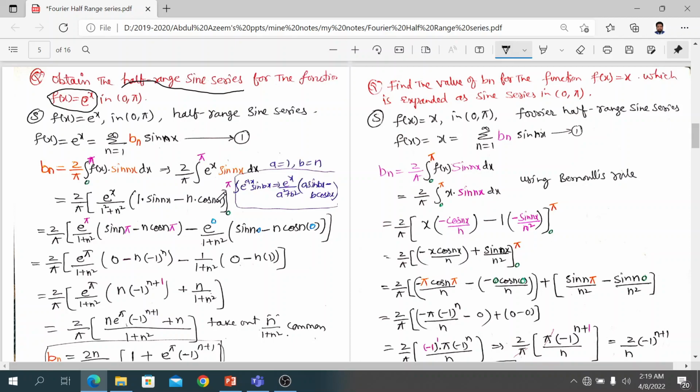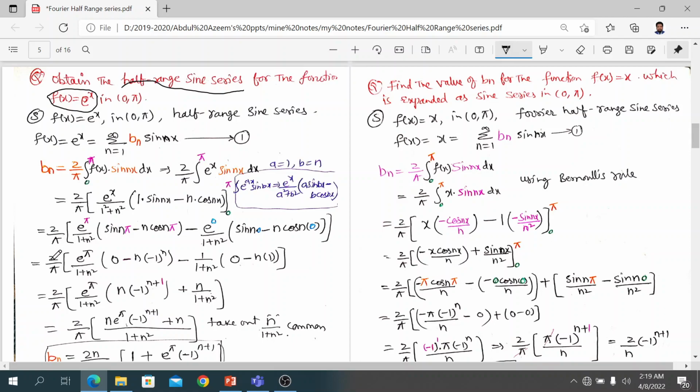Now what we have to do: upper limit minus lower limit. So e power of pi by 1 plus n square, sin n pi minus n into cos n pi, upper limit, minus lower limit e power of 0 by 1 square plus n square, sin n 0 minus n into cos n 0.